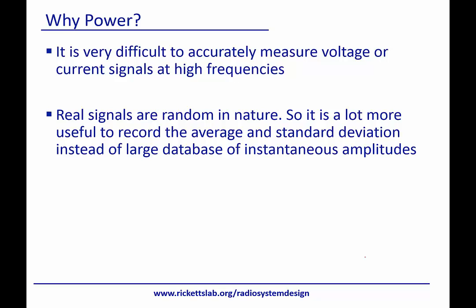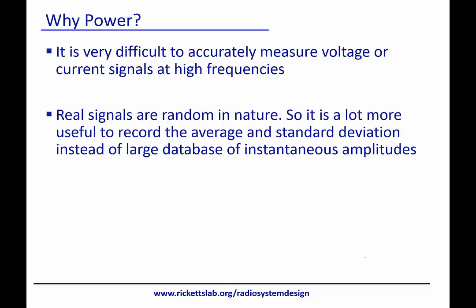The other aspect is that most signals are random. It may sound a little confusing, but the carriers that we'll use, cosines and sines, they're not random. But the data we put on most communication signals is random. The best way to think about that is if you're talking to your friend on the cell phone and you look at the bits that come out of your conversation, they're pretty random.